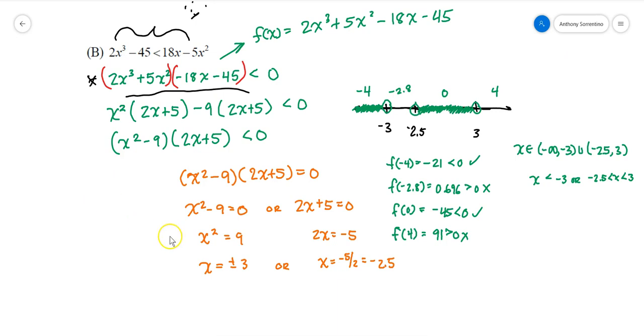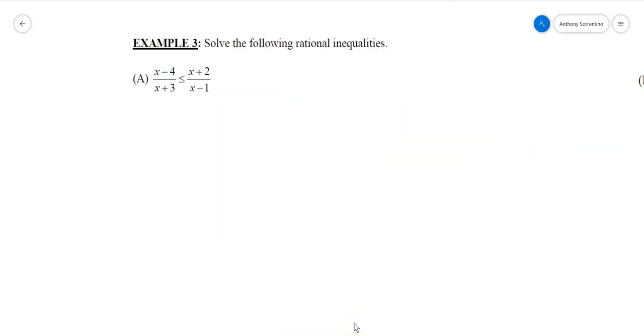And let me talk about this. With rational inequalities, one of the issues we often have to contend with is that I don't know what x is down here. I could pick a value of x that makes x plus 3 positive, or I could pick one that makes it negative. One of the things we do when we solve these is cross multiply.